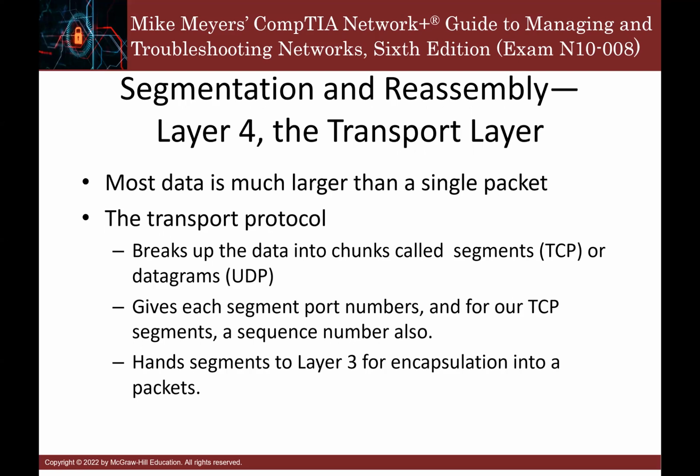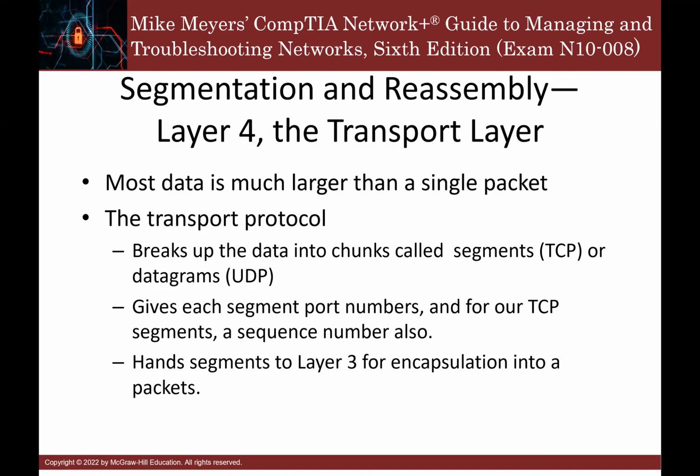There are two different protocols. We have TCP and we have UDP. UDP segments are officially designated as datagrams. However, in most contexts, we just refer to both as segments. So the transport protocol gives each segment port numbers, and for our TCP segments, a sequence number also. So both UDP and TCP get port numbers.